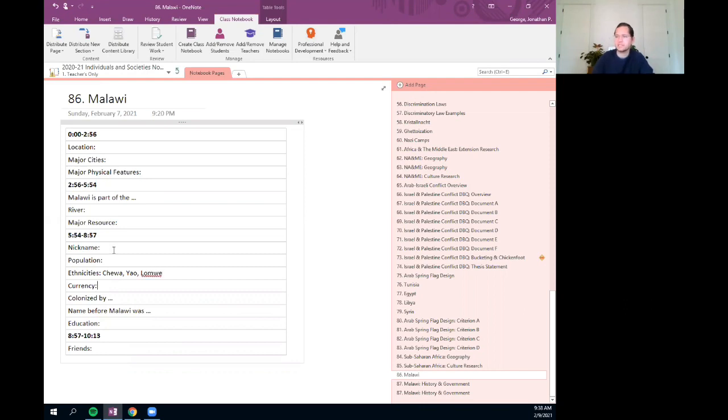What's the currency? Kwacha. Which is equal to about, I don't know what it is now. It's been 10 years. I lived there 10 or 11 years ago, almost 12.